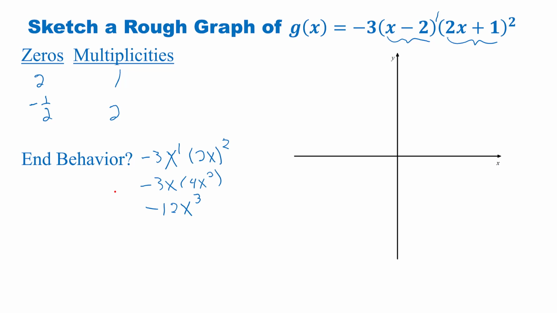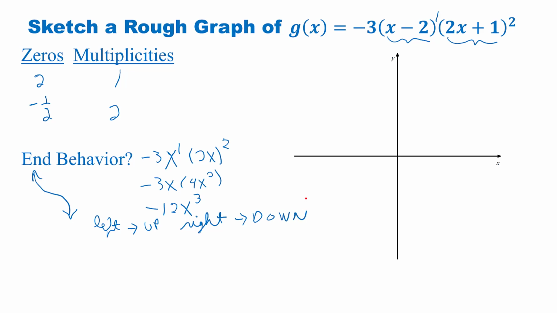Now -12x cubed, we have an odd power but a negative coefficient, so we would think of y equals x cubed but reflected about the x-axis to give us y equals -x cubed. And as our graph goes to the left, it heads up. As our graph goes to the right, it's going to head downwards.